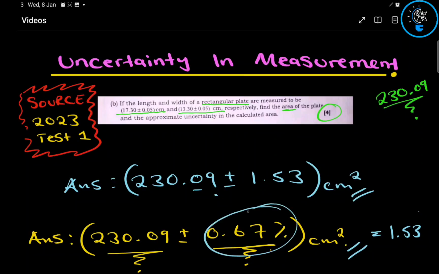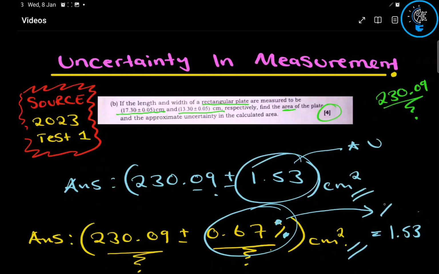Remember, if you write it this way, you need to put percentage this side. If you write it this way, then don't put percentage because you are writing it as the absolute uncertainty. This one, you've written it as percentage uncertainty. Okay guys, that's how we go about a question of this kind. Let's handle one more question, then call it a day.